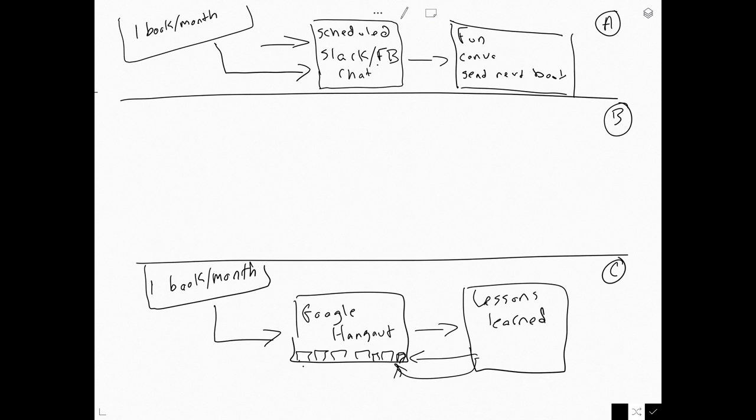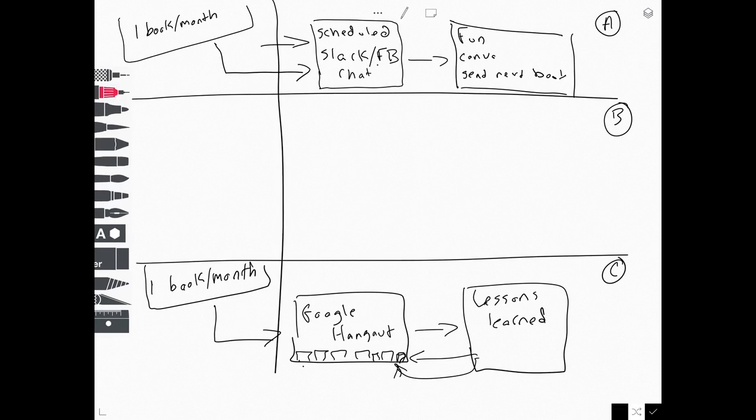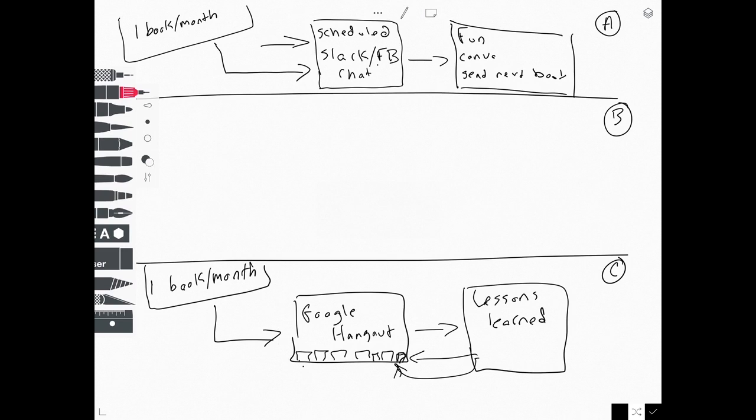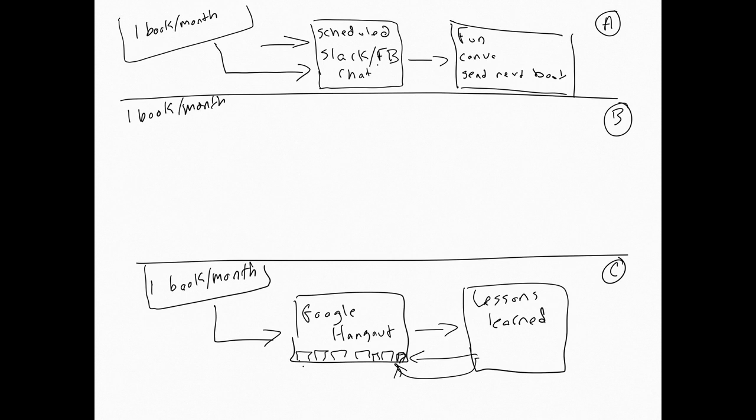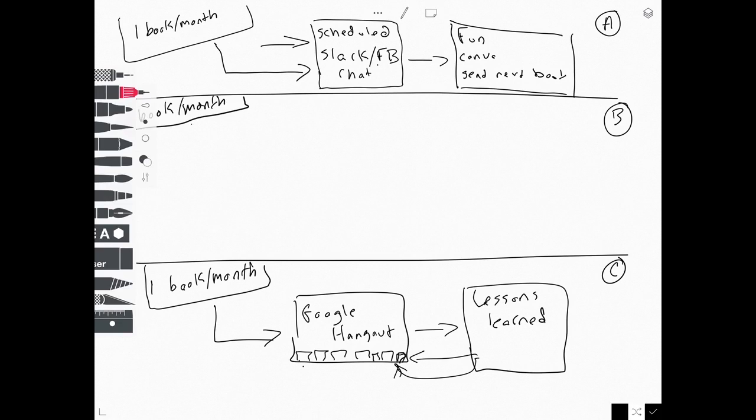Now, another way, and again, we could change these variables at any time, right? So let's do one book a month. This is B. This might be my favorite, but I don't know why particularly. The difference is instead of Slack and instead of a Google Hangout, it's just me.